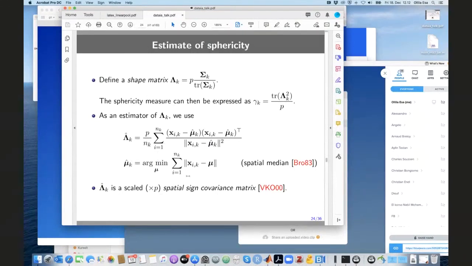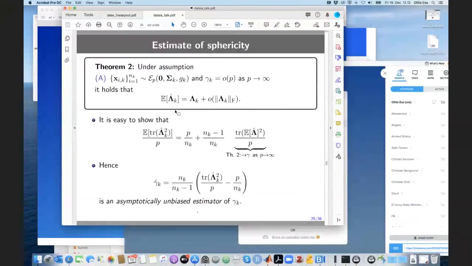It only differs from the sign covariance matrix in the sense that it has been scaled by the dimension p. Okay, so this will be our estimate of the shape matrix. And what we show is that you can build an asymptotically unbiased estimator of the sphericity under quite general conditions. So this gamma hat k is basically the scaled version of the spatial sign covariance matrix.